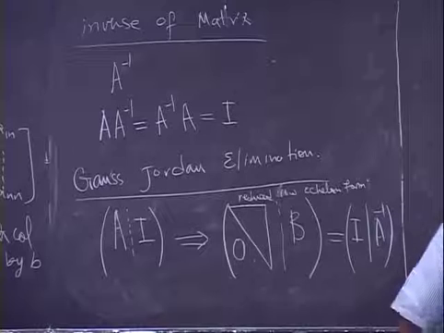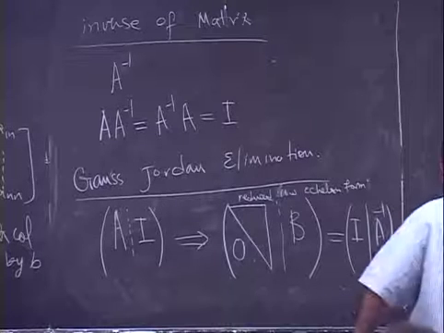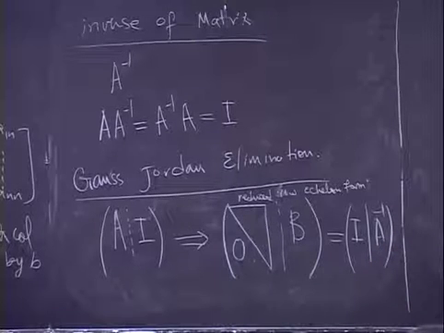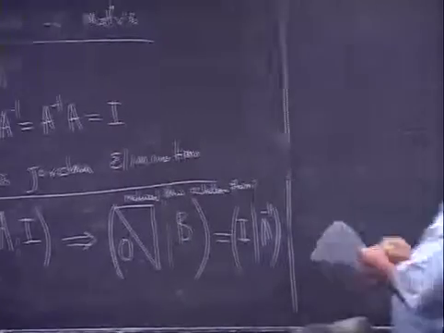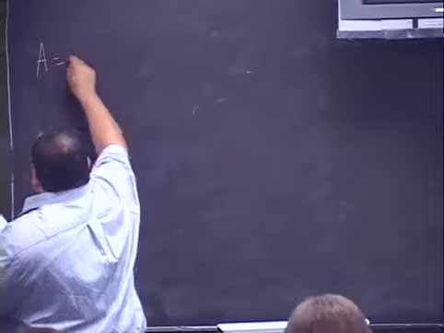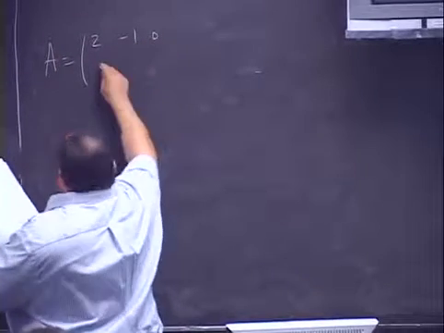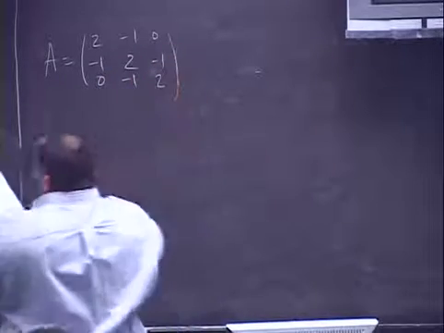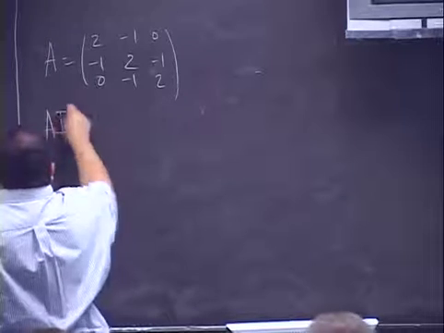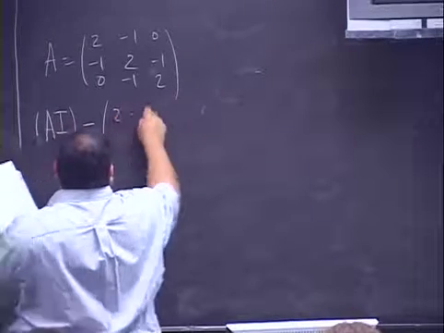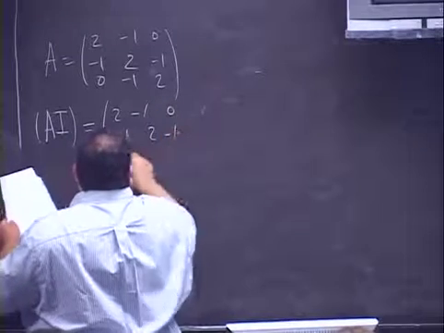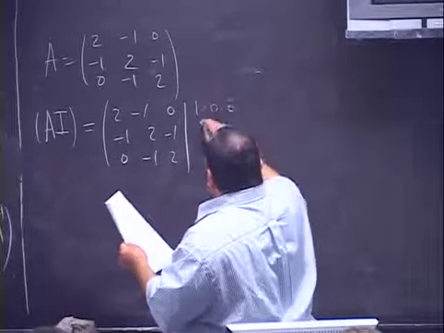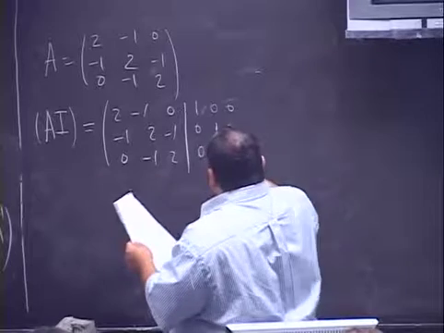So to give you a quick example, if we have A equal to [2, -1, 0; -1, 2, -1; 0, -1, 2], then we will form the augmented matrix [A | I], which is [2, -1, 0; -1, 2, -1; 0, -1, 2] and I is [1, 0, 0; 0, 1, 0; 0, 0, 1].